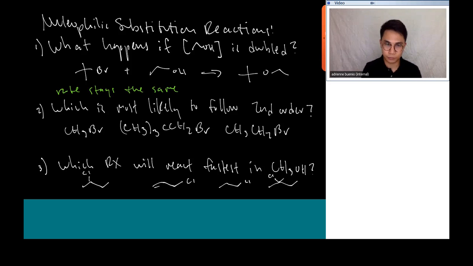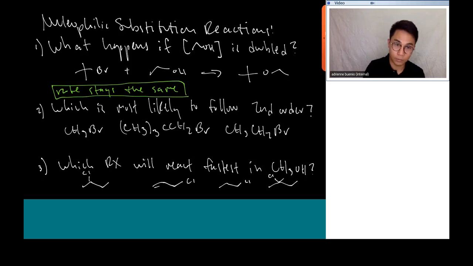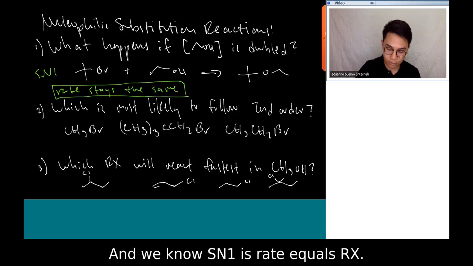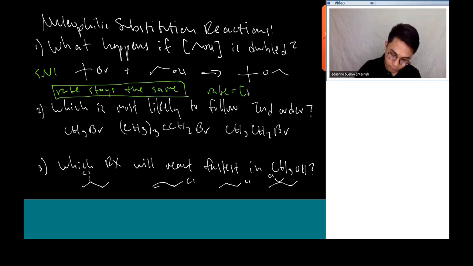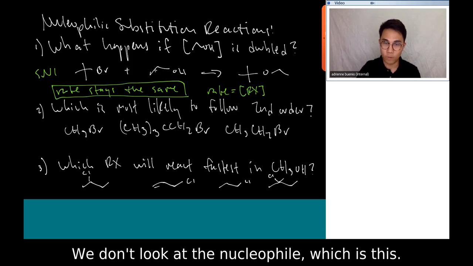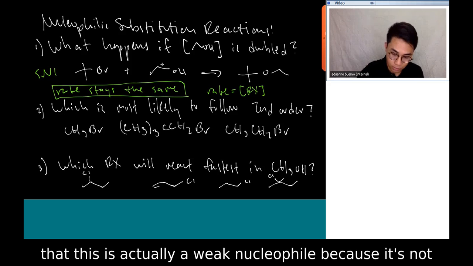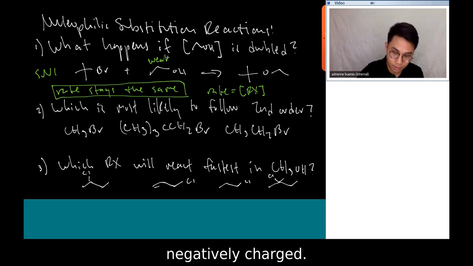And why? Because what kind of reaction is this? This is an SN1, right? And we know SN1 rate equals k[RX]. We don't look at the nucleophile. And from that we can say this is a weak nucleophile because it's not negatively charged.